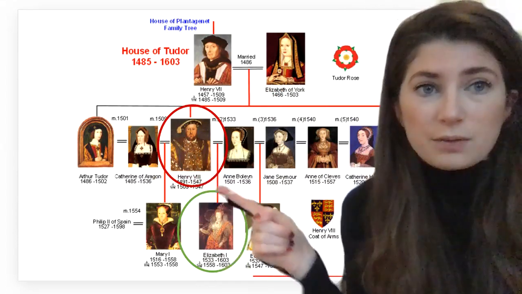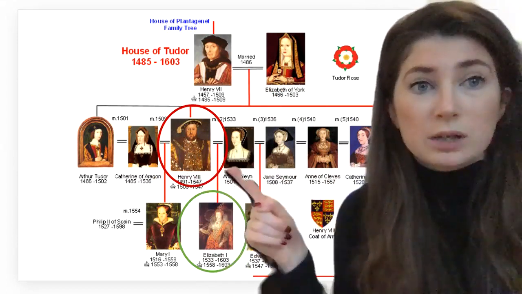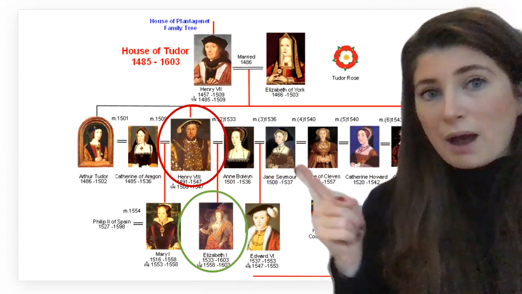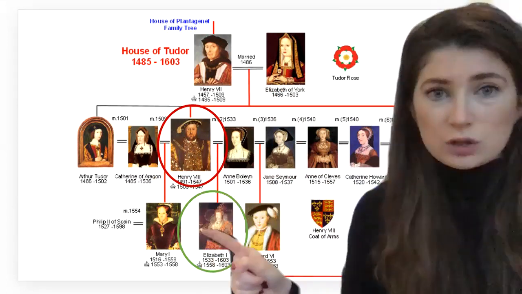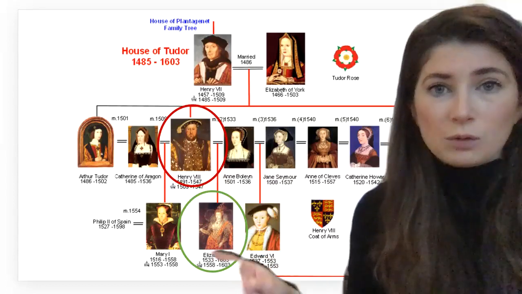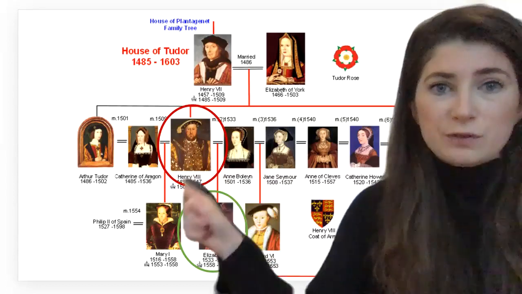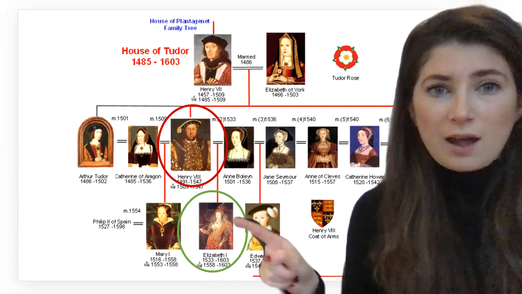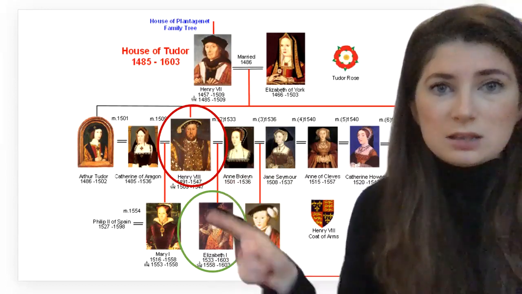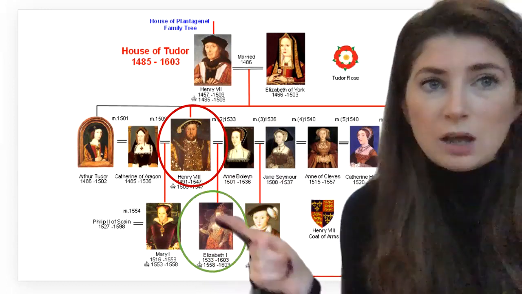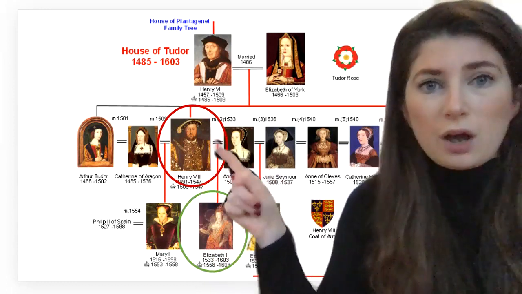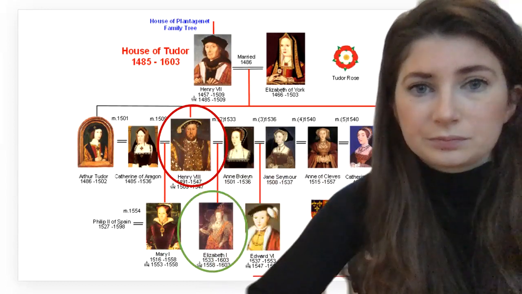Henry VIII then goes on to become the famous king we know, and he's the one that married all of the 6 different women, and then he had 3 children from each different wife. So Mary was first, then Elizabeth, and then Edward. She is the person we really care about for this learning video, but Henry is her father.